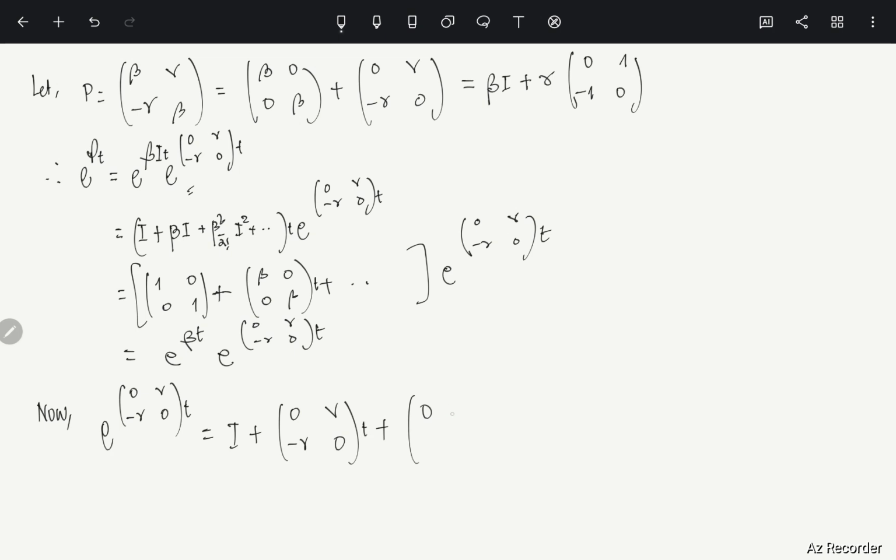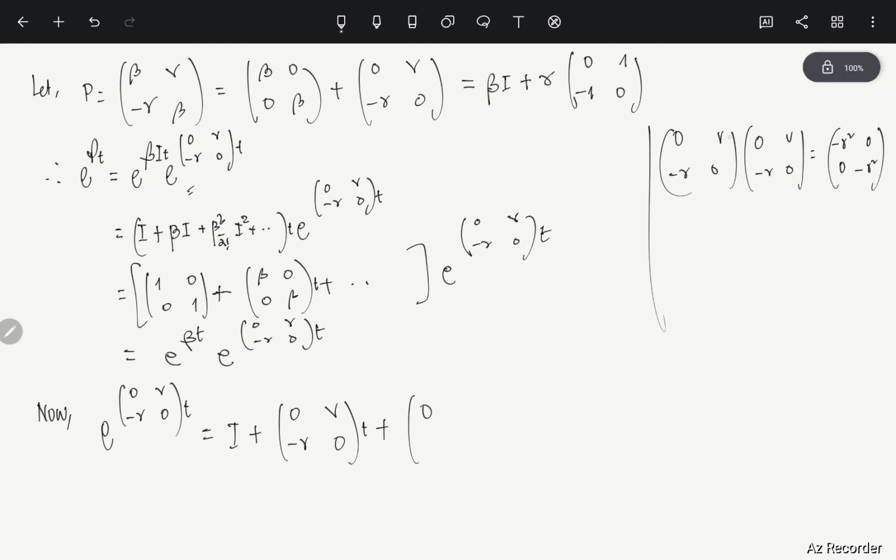Now let's calculate this thing. [0 gamma; minus gamma 0] times [0 gamma; minus gamma 0]. If we calculate the whole thing, this will actually give you [minus gamma square 0; 0 minus gamma square], and this is the square.